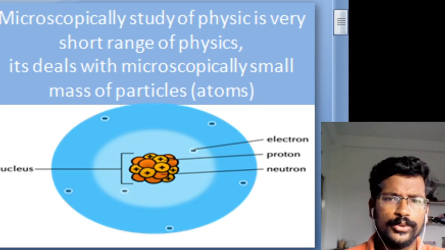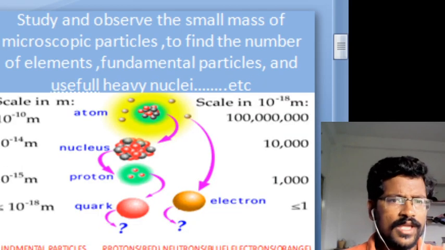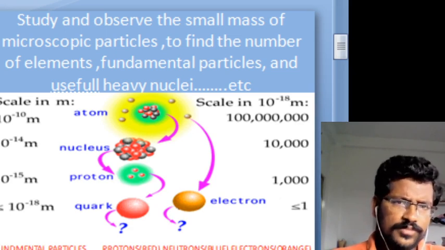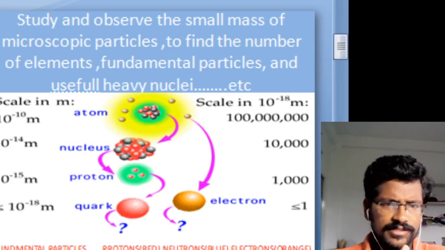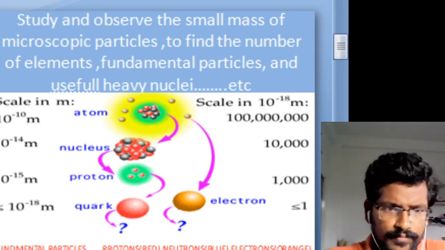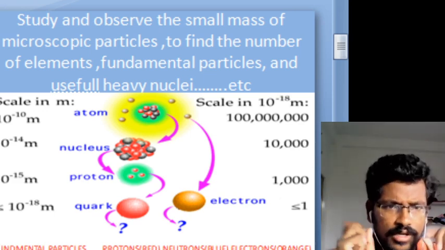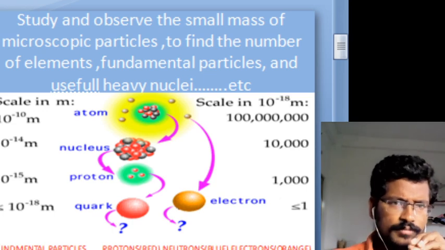Now we are going to the full structure of the atom, the study and observation of the small microscopic particles, what happens in the inner part and outer part. Now we are going to a brief observation of the atom.